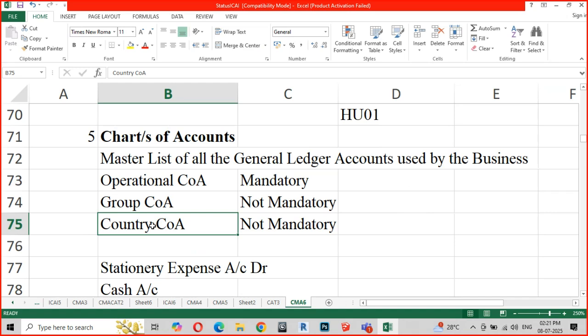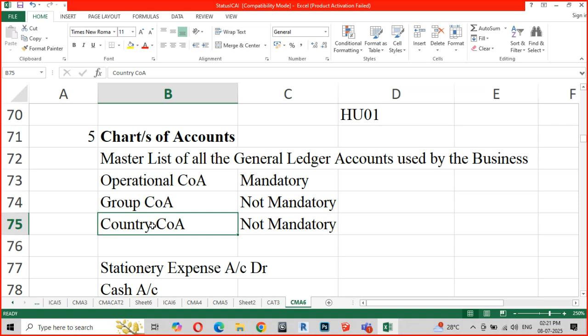We faced this in one of the projects where we were taking care of Japan and China, I guess. They had some unique reporting requirement. So in that case, probably you may have to use the country chart of accounts. But if there is no such requirement, the country chart of accounts is not mandatory.